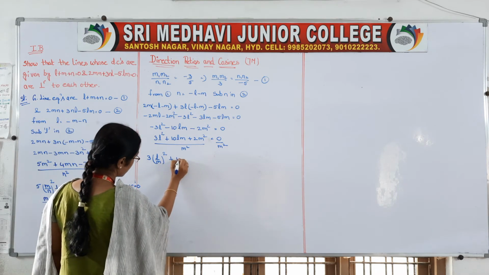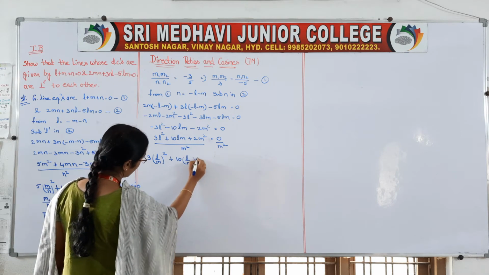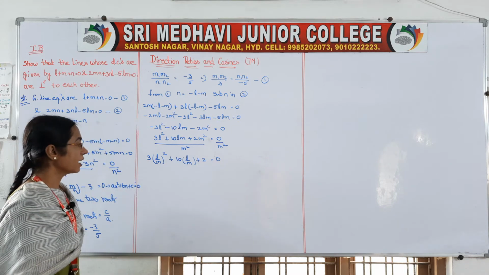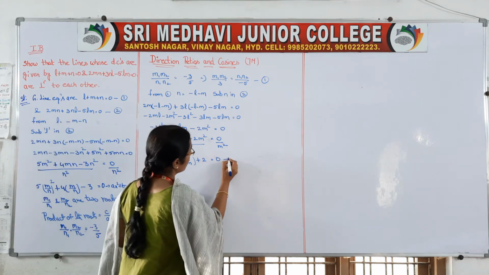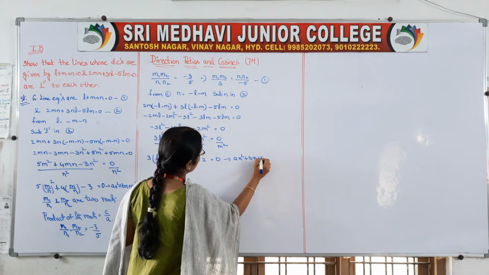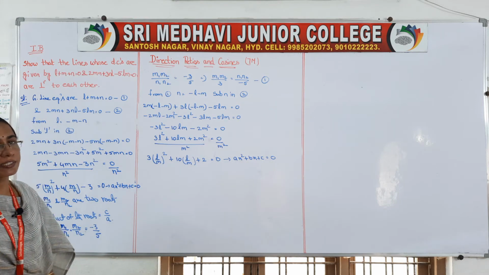Next plus 10, one m will cancel, so l by m plus 2 is equal to 0. Again it is in quadratic form, ax square plus bx plus c is equal to 0, whose product of the roots is equal to c by a.